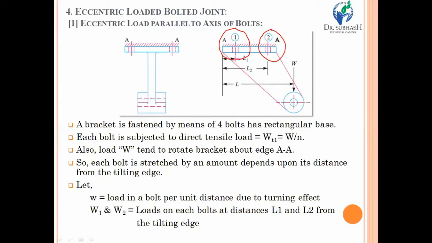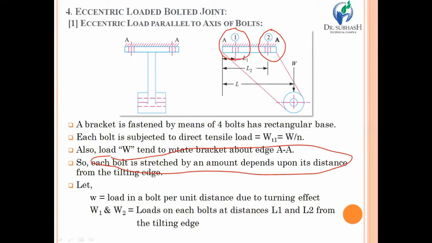So in conclusion, we can say that due to both of these effects, each bolt is stretched by an amount depending on its distance from the tilting edge. That means the bolts far away from the tilting edge have the highest twisting moment, whereas the bolts located nearest to the tilting edge have less twisting moment.